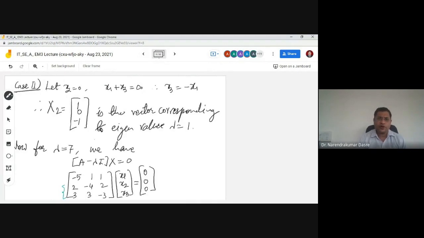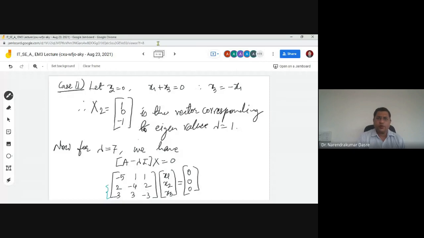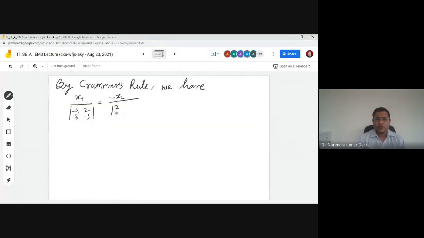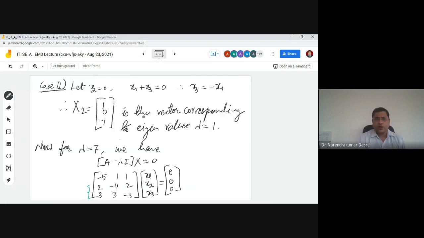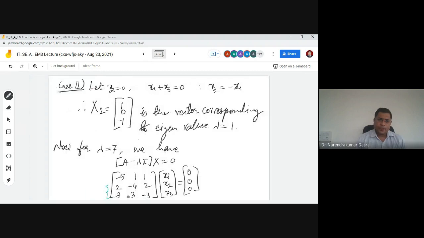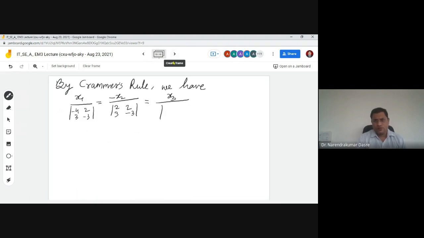What we have here? This is 2 3 and 2 minus 3, so it is 2 3, 2 minus 3, and this is x3. So what we have for x3? It is 2 minus 4 3 3.